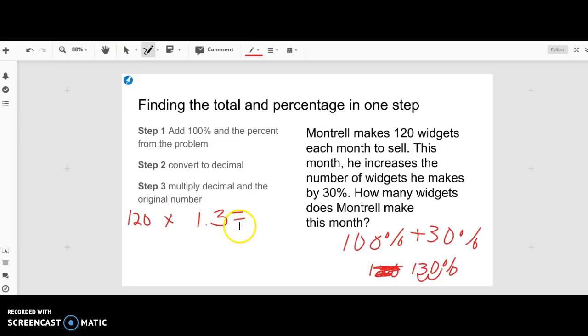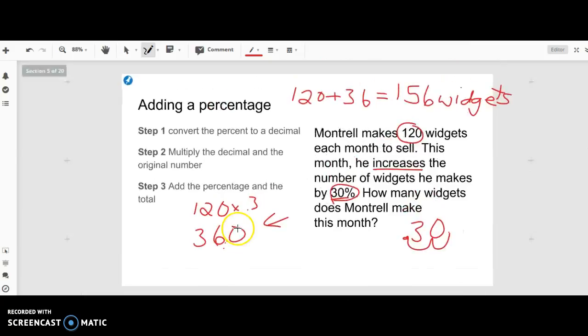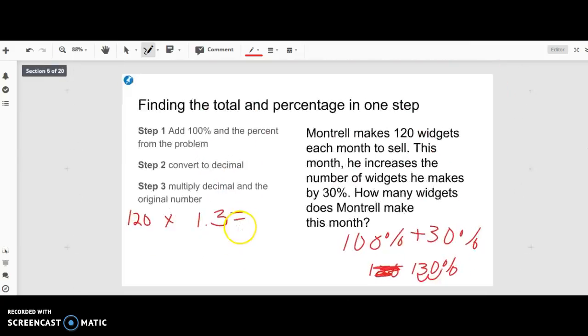So 120 times 1.3 is going to be 13 times 12, which was, what did we get on the last problem? I'm not going to pull out a calculator. 156. So that will be 156 widgets.